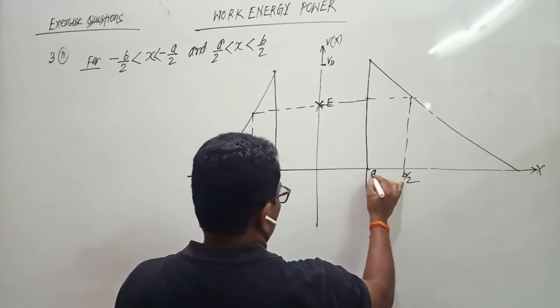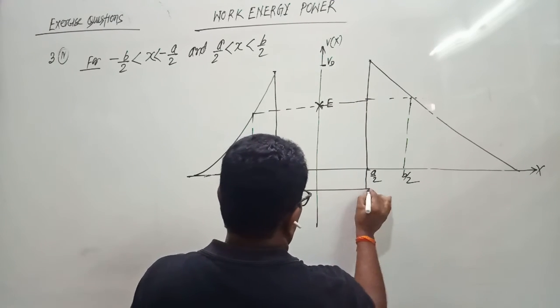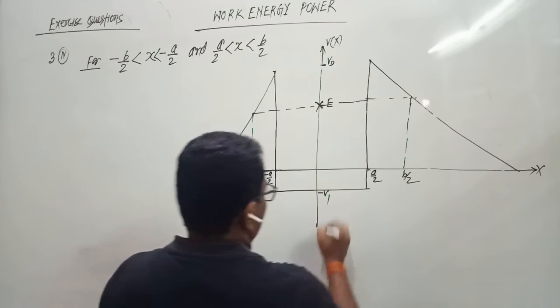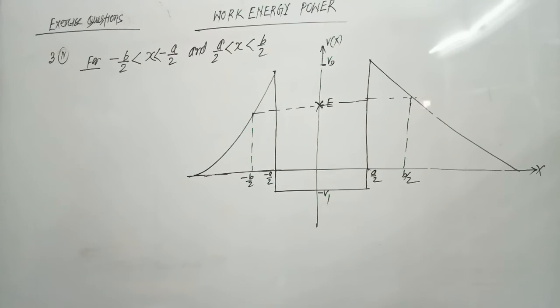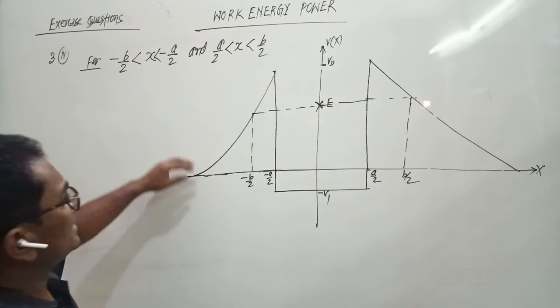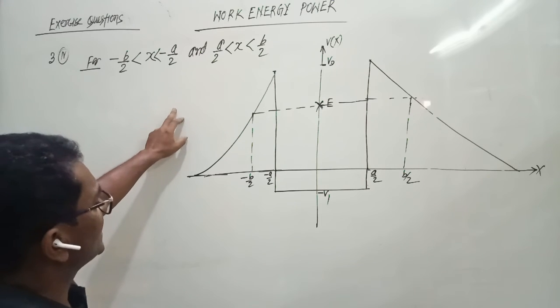Between minus a by 2 and plus a by 2, the potential is minus V1.